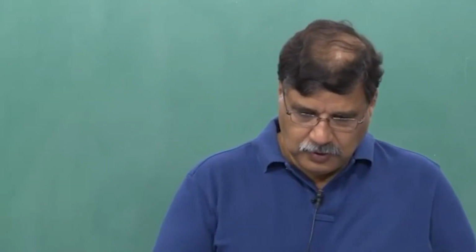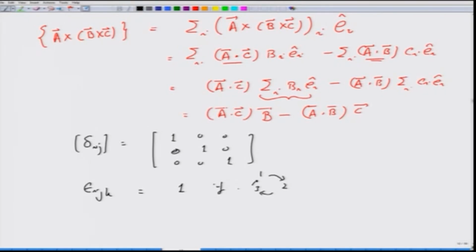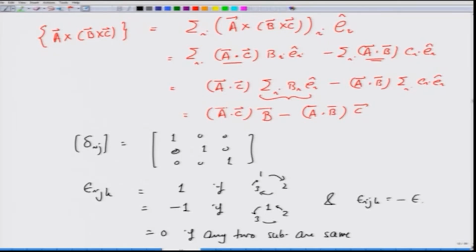So, what I have tried to give you through these symbols is delta i j, which in matrix form is an identity matrix with 1 on the diagonal and 0 elsewhere, and the symbol epsilon i j k, which is 1 if you make a combination of 1 2 3 in the cyclic direction, minus 1 if you make the 1 2 3 combination in the opposite, anticlockwise direction, and 0 if any two subscripts are the same. Also, epsilon i j k is equal to minus epsilon i k j, or it is also equal to minus epsilon j i k.